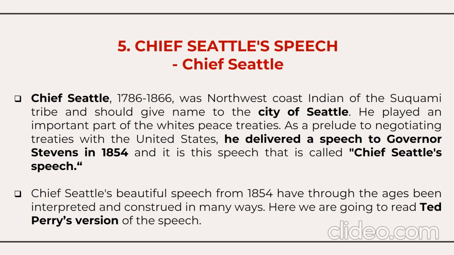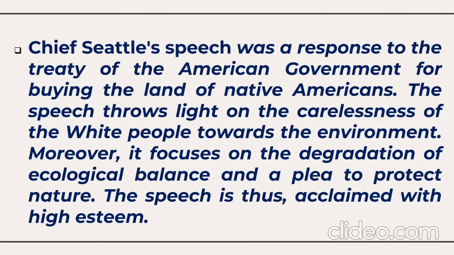Chief Seattle's speech was a response to the American government's offer to buy the land of Native Americans. The speech throws light on the carelessness of the white people towards the environment. Moreover, it focuses on the degradation of ecological balance and makes a plea to protect nature. Thus, this speech is acclaimed with high esteem.